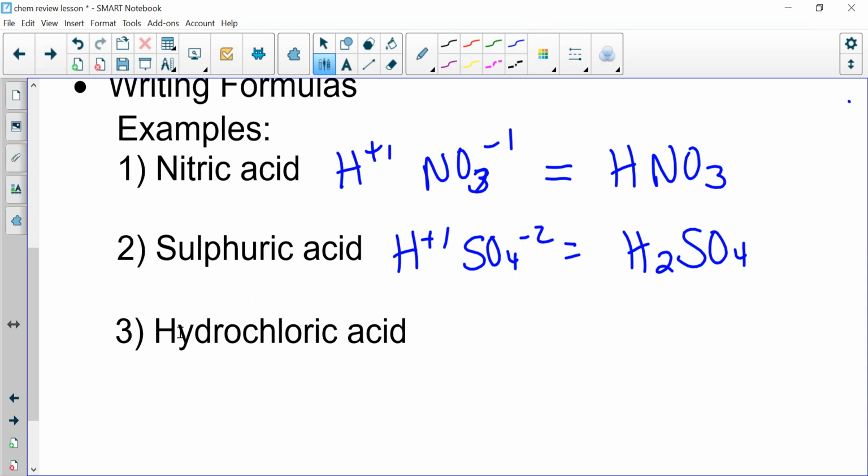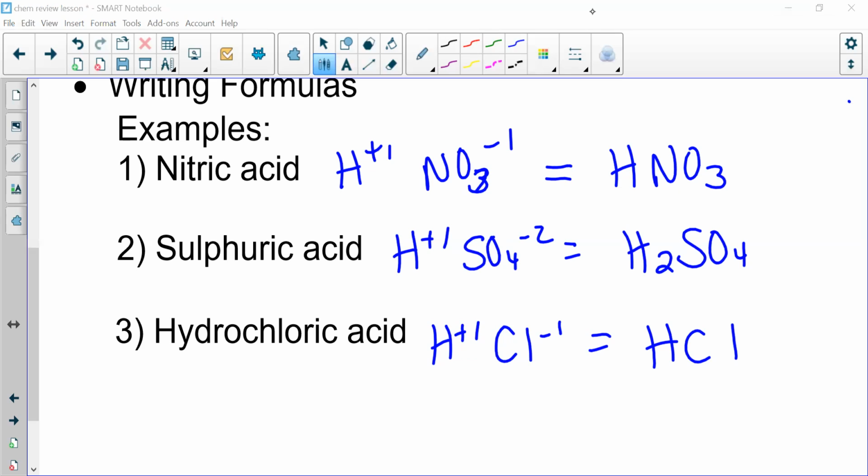Starts with the word hydro, so what's happening here? Hydrogen and chlorine. Good, and chlorine is a -1, so it's just HCl. That's going to be probably one of the harder components to remember what we were doing there. So please have the periodic table handy and use the back very closely. And hopefully that's going to be a big help to you.